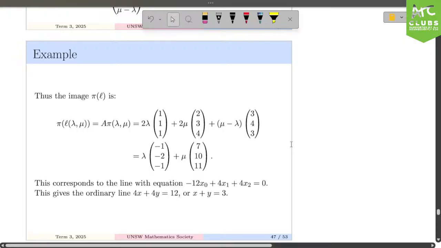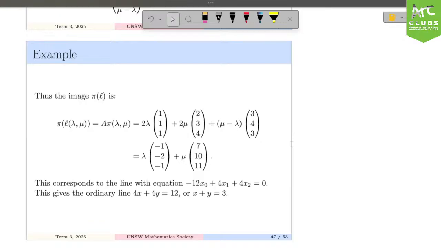So we have pi of L of mu lambda is equal to 2 lambda times the first column of A, plus 2 mu times the second column of A, which is 4, plus mu minus lambda times the third column of A. And if you do the arithmetic, you have that parameterization there.